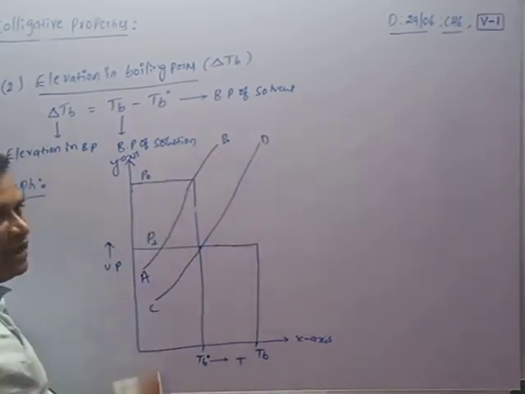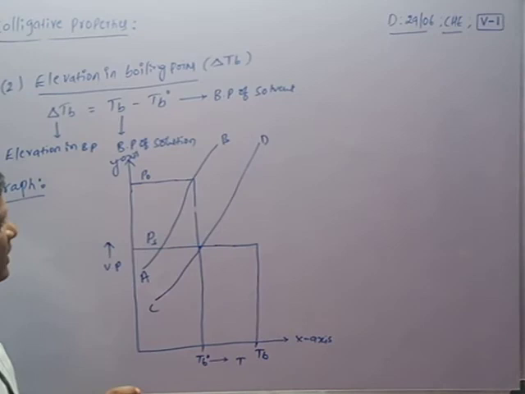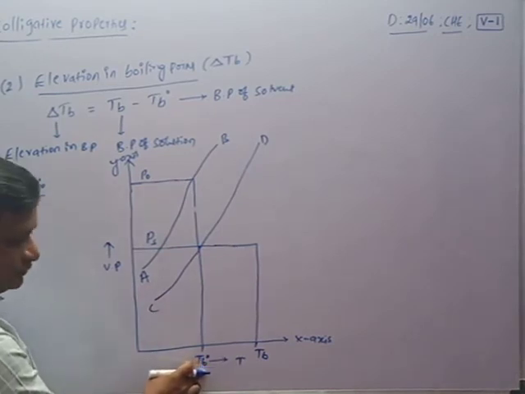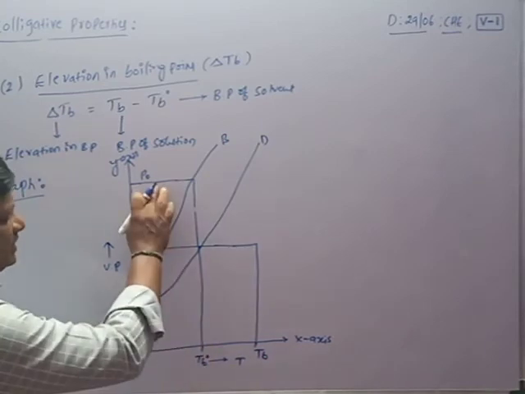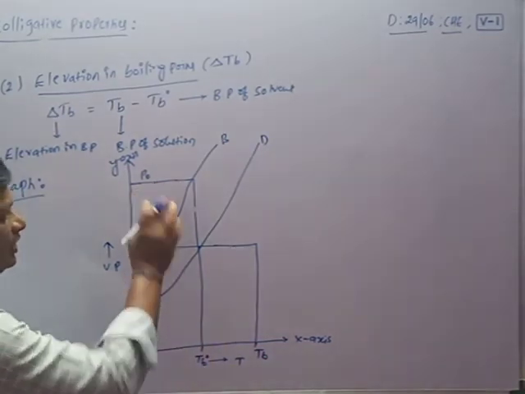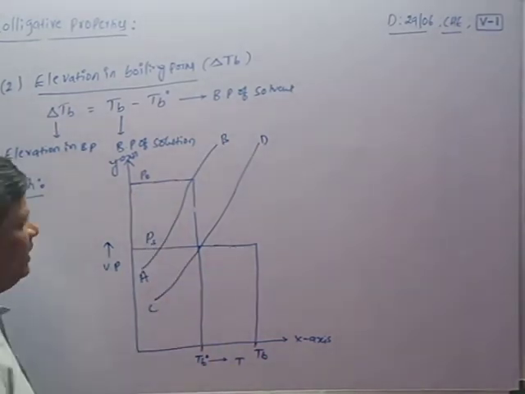The curve AB gives the information about the boiling point of the solvent and its vapor pressure.